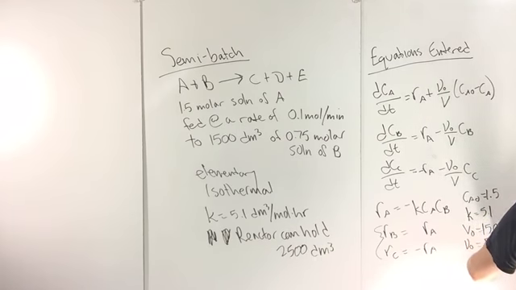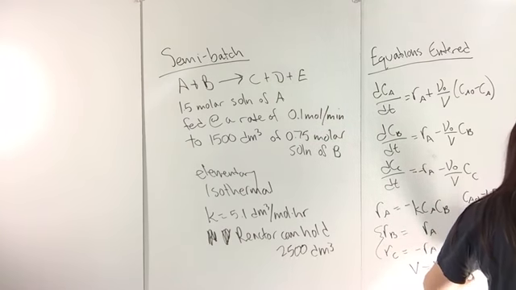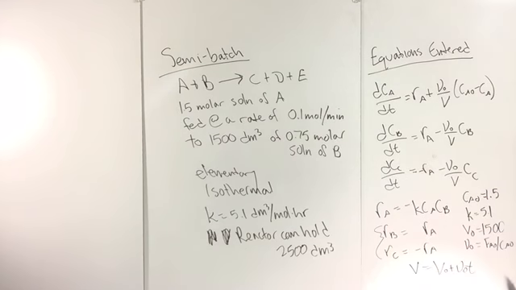And then the big equation you need for a semi-batch is that V is equal to V naught plus your volumetric flow rate multiplied by time. Make sure you write this down, and if you're actually solving your equation, make sure that you use this equation because this V is changing, and so you need to take into account the change in the volume.